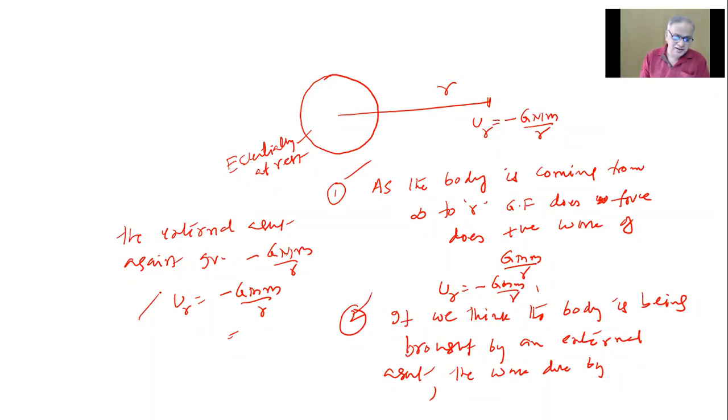And look, if the person bringing it from infinity to this point is doing this much work, how much work he should do to throw it away? Same, but plus. Negative. Isn't it so? All right. Hello, Aryan, Balavardhan, Vamshi, all of you tell me.